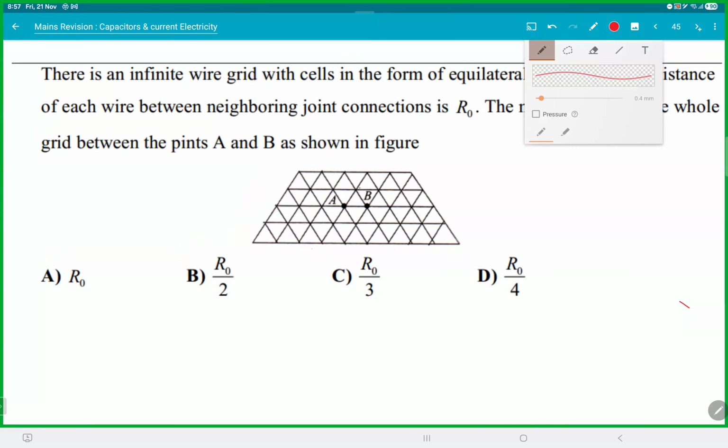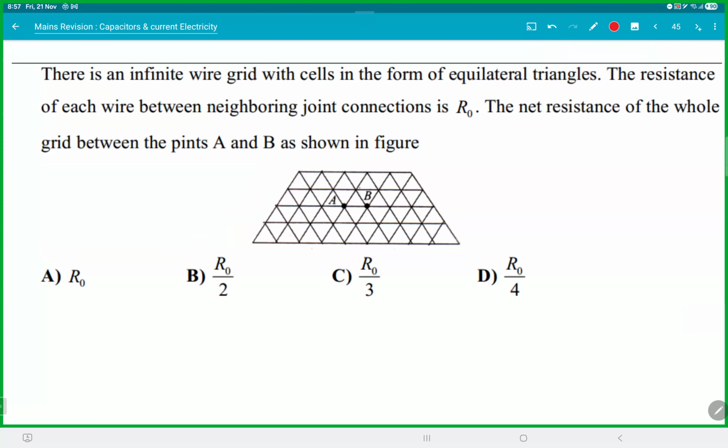This is an infinite grid, but all are triangles. How to do this thing?